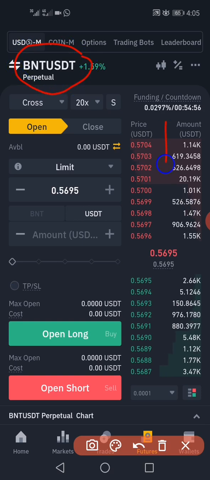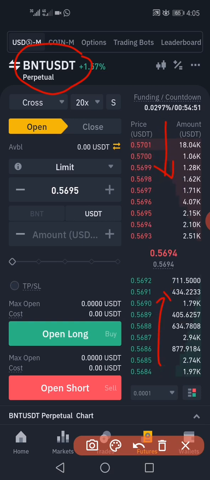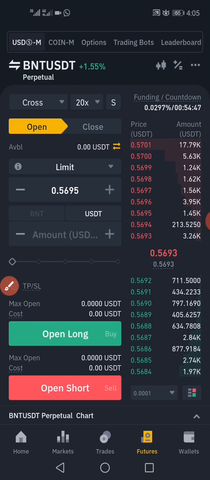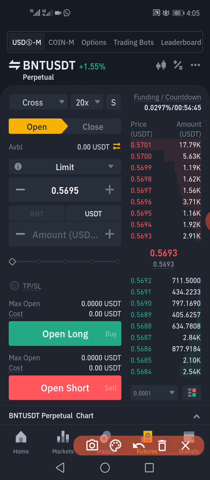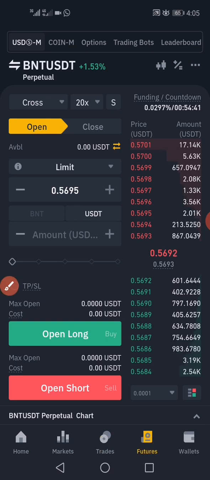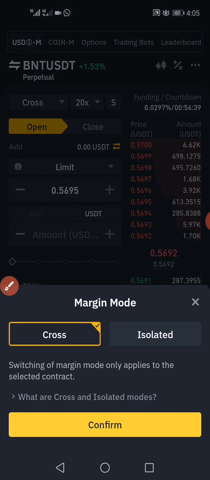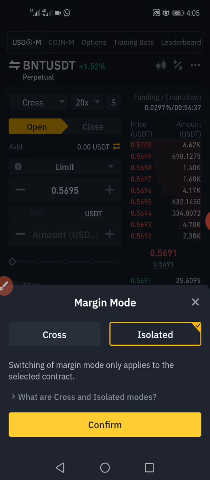These are the prices for sellers, these are the prices for buyers. Now here you have what they call the mode. You can see it's on cross, but if I click on it, you have isolated and cross.